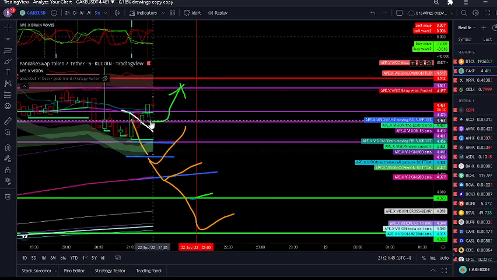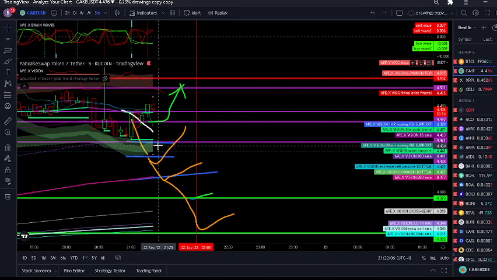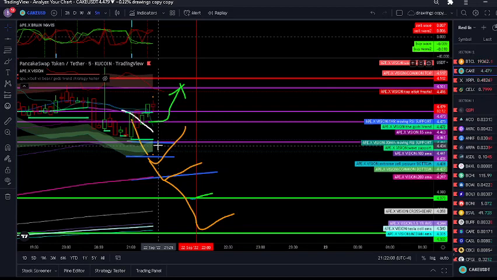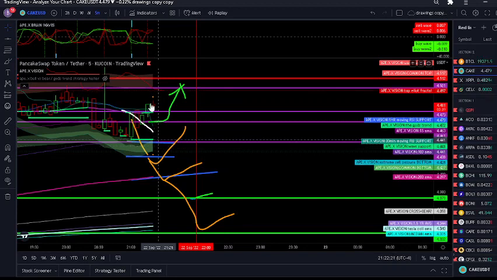That doesn't look too good. No, that's the 30-minute. Should just bounce right up and go and touch right here and then come back down.